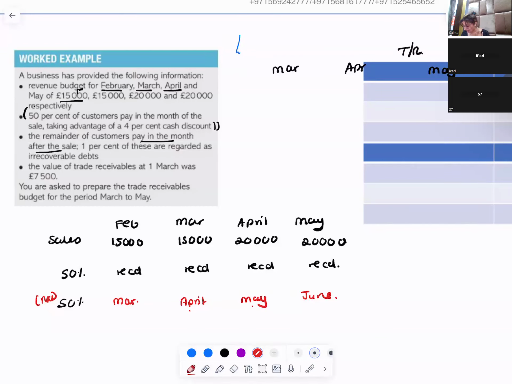So the balance brought down for March is 7,500 because they've mentioned it: the value of trade receivables at 1st March was 7,500 pounds.